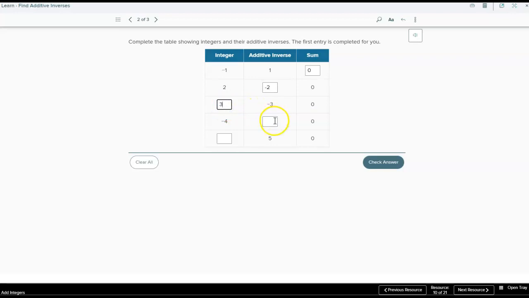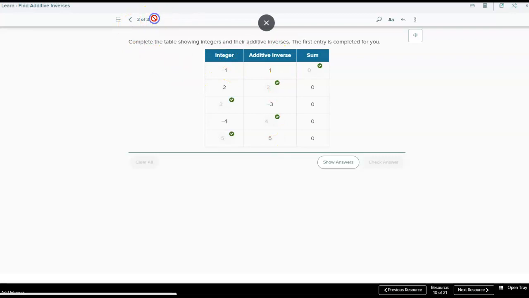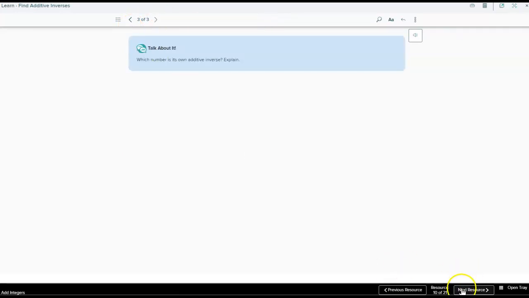That's right, 3. If my integer is negative 4, the additive inverse would be positive 4. Add these two, we get 0. You guys get the picture by now that the additive inverse is just the opposite of the number. And if I add an integer with its additive inverse, we always get 0.